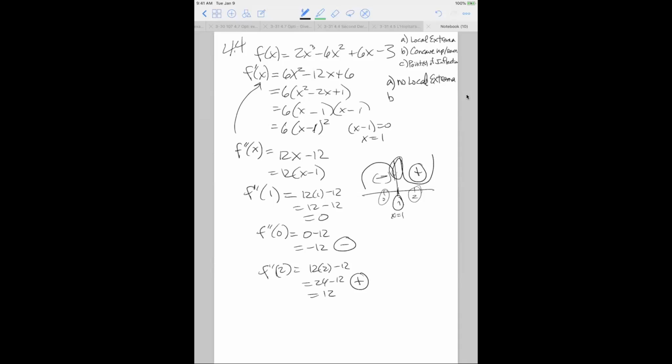B, concave up or concave down intervals. So let's check that out. We see that 1 is a point of inflection, so the far right is 1 and it goes down to negative infinity to the left here.